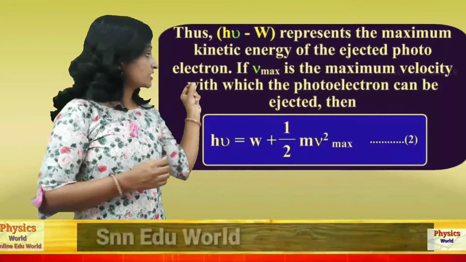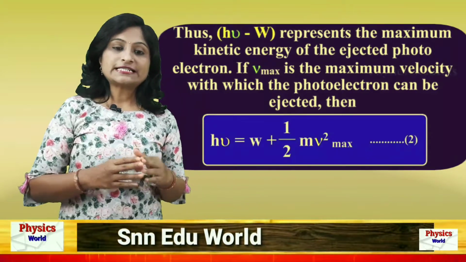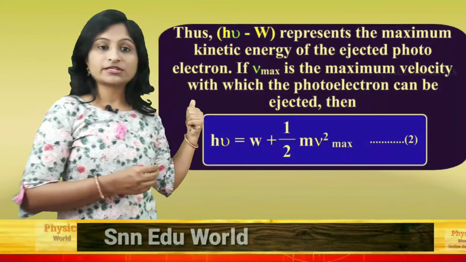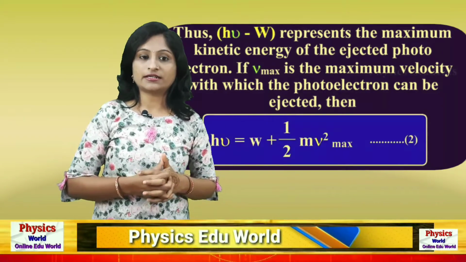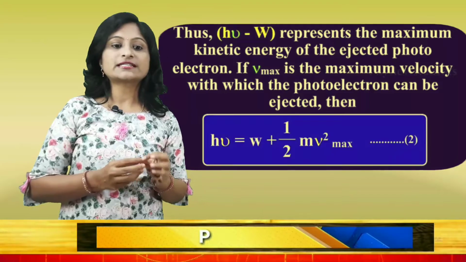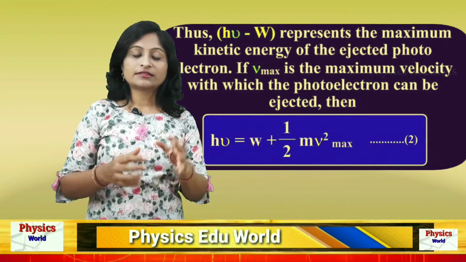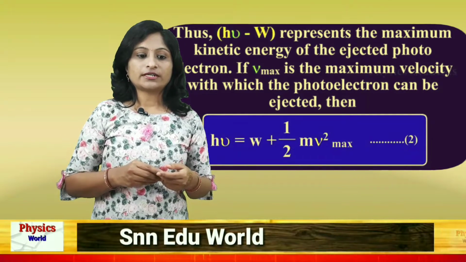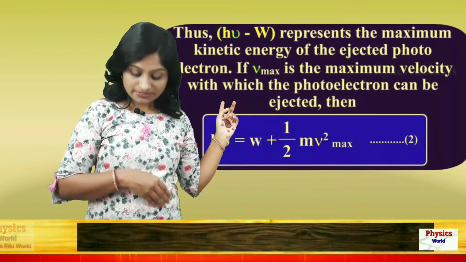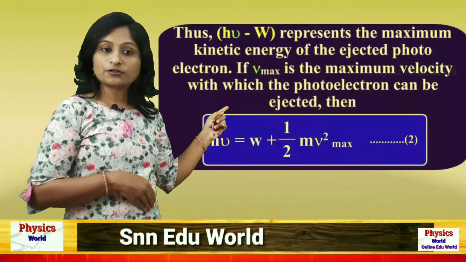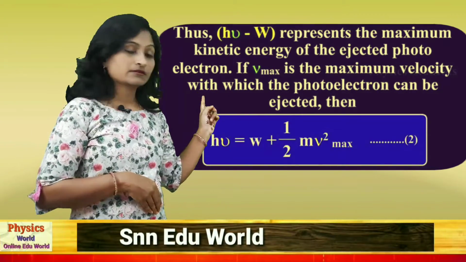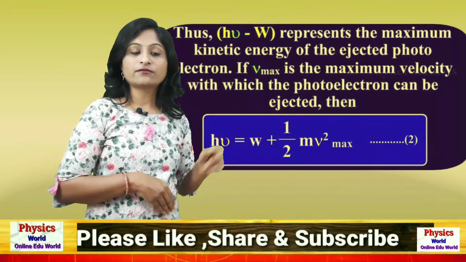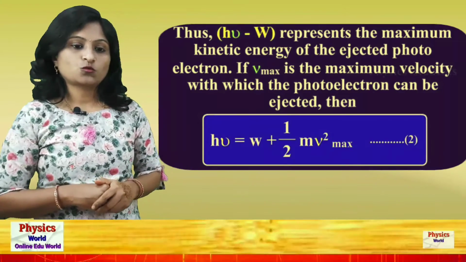Here h nu minus W represents the maximum kinetic energy, because if we shift it in the equation, the remaining part is nothing but the kinetic energy. So h nu minus W is the maximum kinetic energy required for the photoelectron to move in the forward direction. We can represent this equation by changing the velocity to maximum: h nu equals W plus 1/2 m v max square.